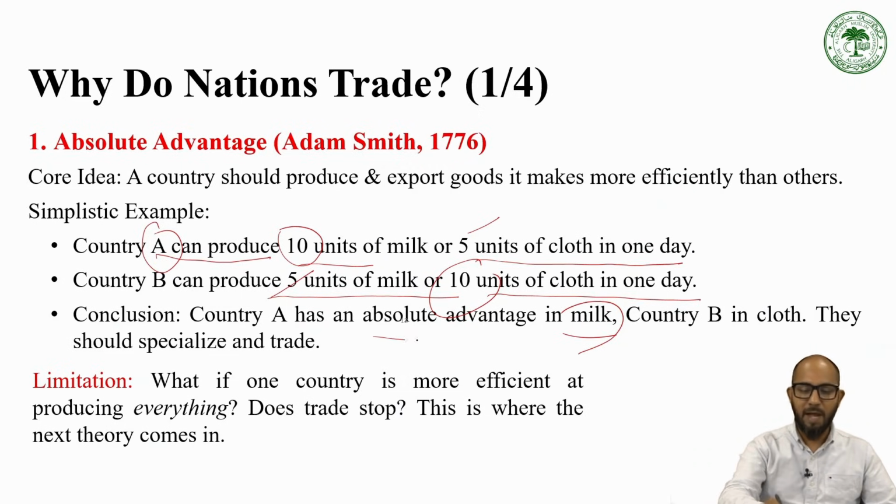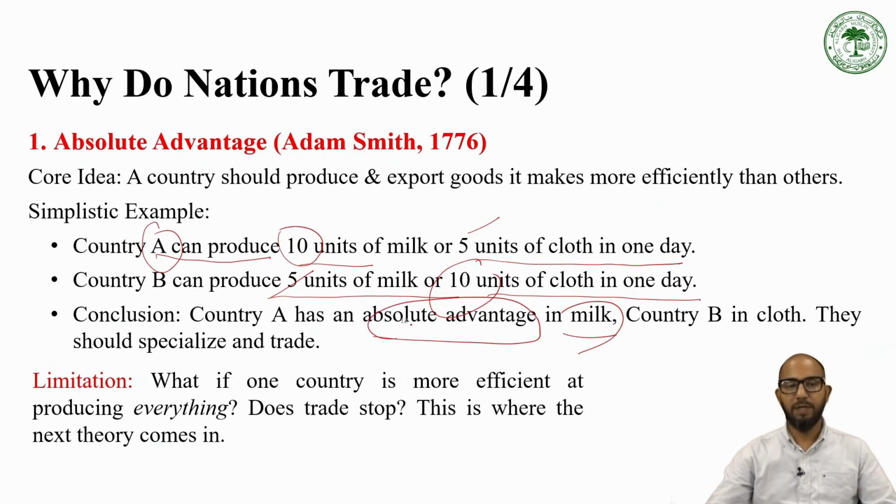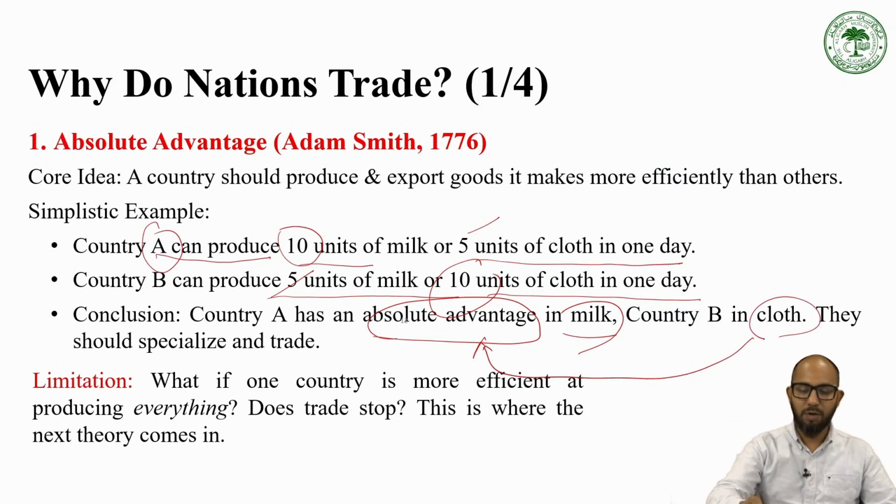It has an absolute advantage over country B. On the other hand, country B should focus on cloth because it has an absolute advantage in producing and exporting cloth. This way they should specialize and then participate in international trade.